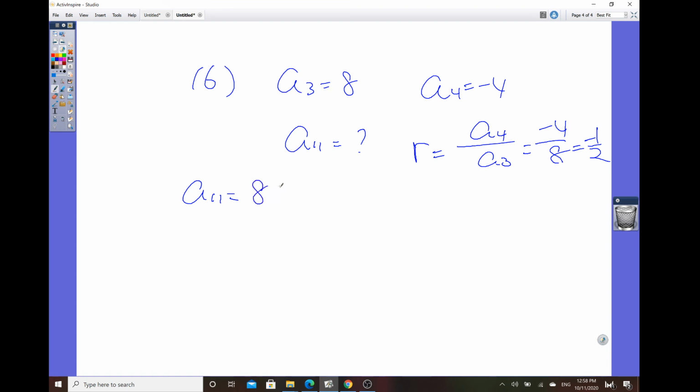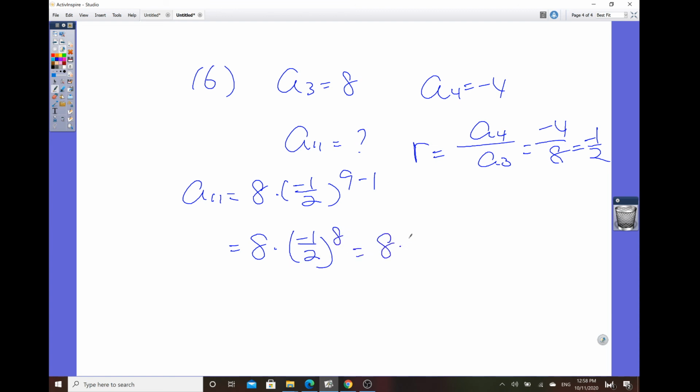So let's use 8, and then times the common ratio, negative 1/2. So from the third term to the 11th term, how many terms are there? That will be considered 9 terms, because you want to count the initial term as well. So 9 minus 1. So 8 times negative 1/2 to the power of 8.